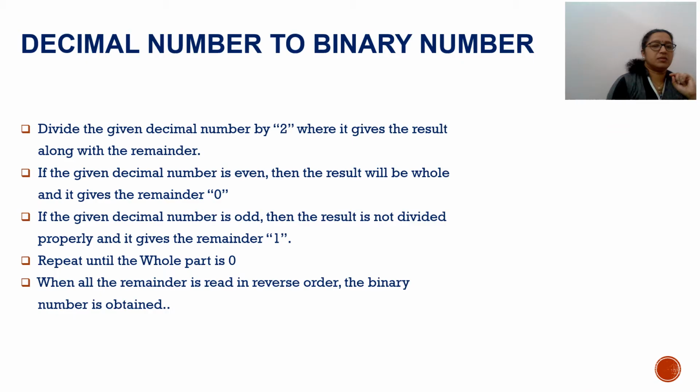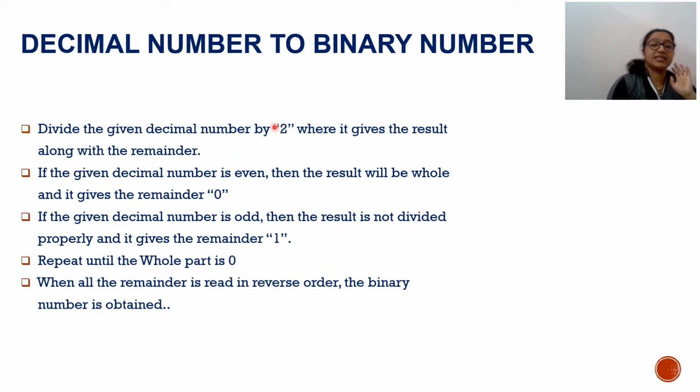So how can we create this application for converting decimal to binary? Let us start. Before moving into C++, we can check the procedure of how to convert a decimal number to a binary number. The first point is to divide the given decimal number by 2, which gives a result along with a remainder.